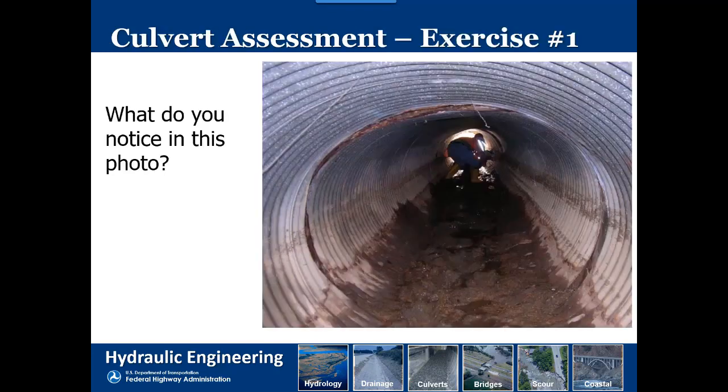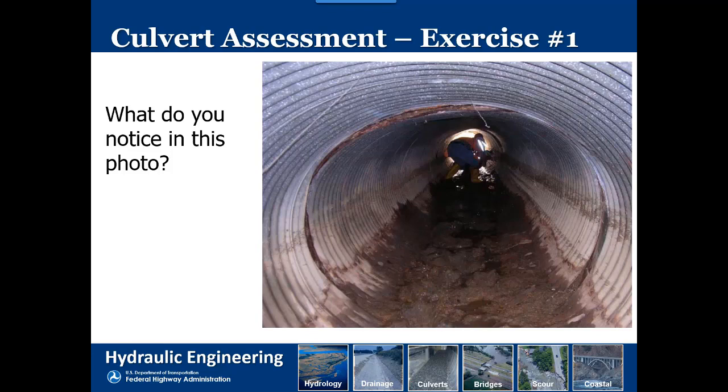So just a couple of quick pictures here. What do you notice in this one? Okay, there's deformation right up here, right? Corrosion at the bottom. There is corrosion, and this is what we call the spring line, the midpoint of the circular culvert. Some of this will be soil staining, but I definitely see some corrosion issues here as well.